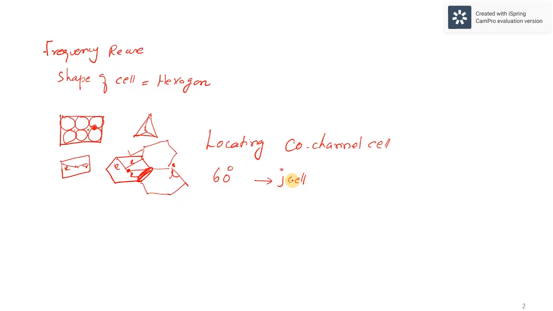Now we will see about the channel assignment strategies, CAS. Here, the frequency reuse scheme's main advantage is to increase the capacity and minimize the interference.